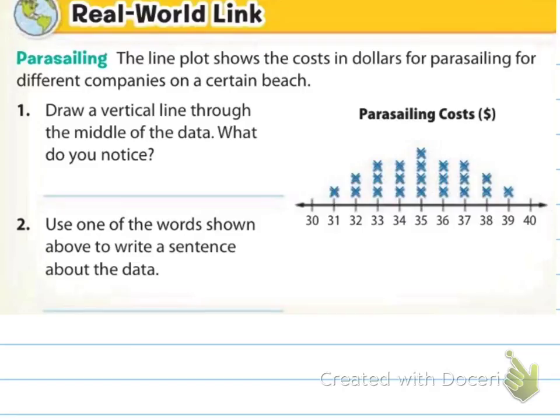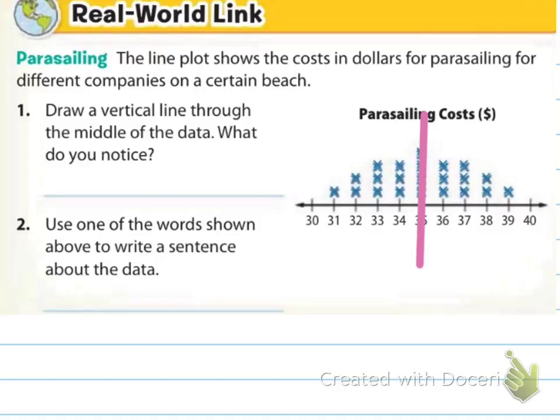So the real world link says the line plot shows the cost in dollars for parasailing for different companies on a certain beach. It says to draw a vertical line through the middle of the data. So that's going to be through here, middle of our data. And then what do you notice? Well, what you might notice is that we have the same information on the left side that we do on the right side.